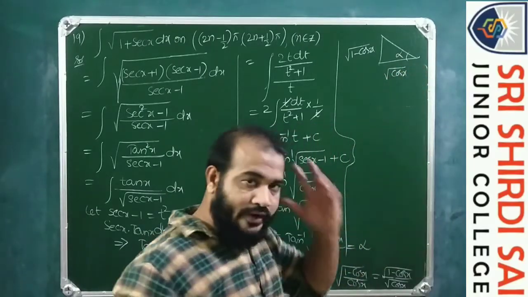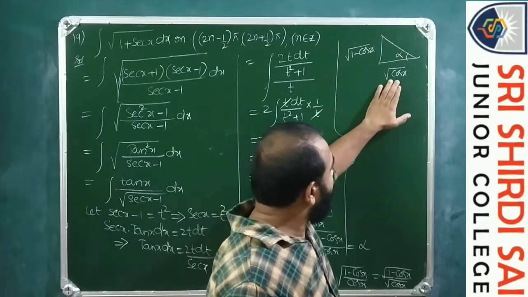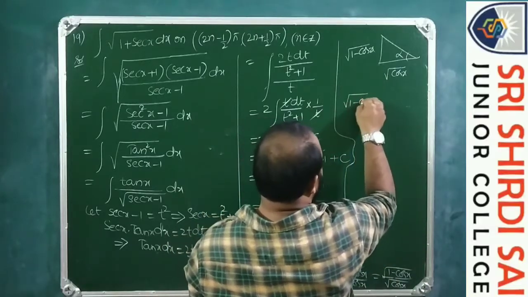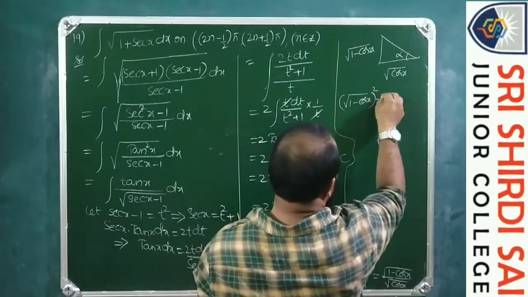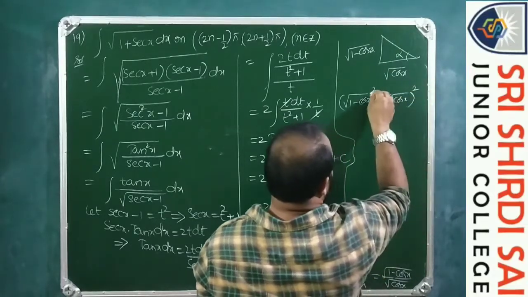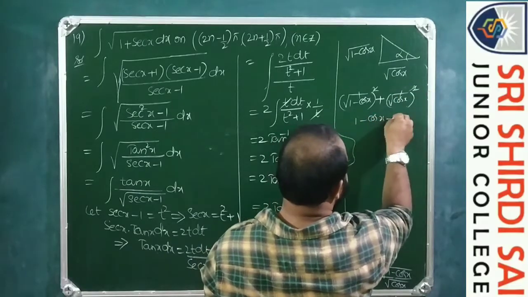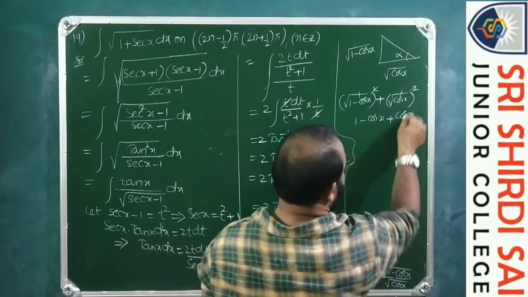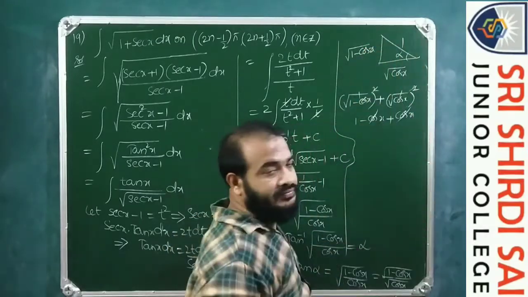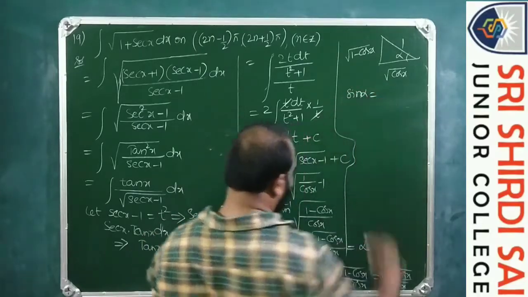So according to the Pythagoras theorem, this square plus this square is equal to hypotenuse square. So this square is root of 1 minus cos x whole square plus root cos x whole square. The square root gets cancelled, square root gets cancelled. So 1 minus cos x plus cos x, cos x gets cancelled. Therefore this is 1. From this, let us write sin alpha.